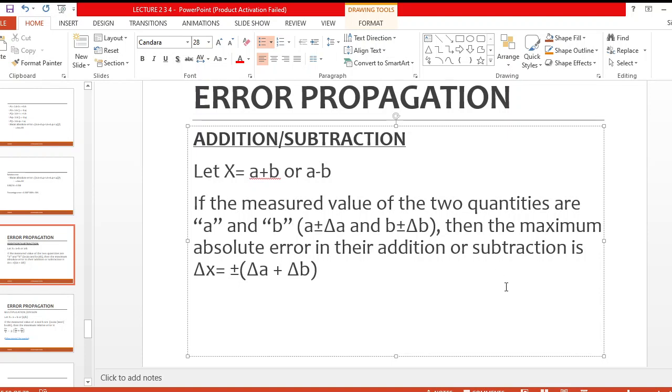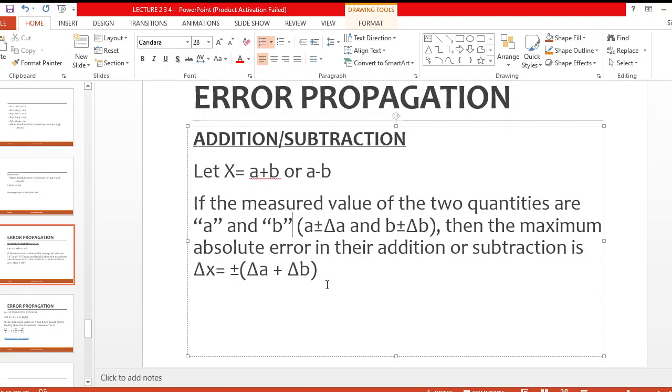Then in order to find the maximum absolute error in their addition or subtraction, the error is just a summation of the absolute errors.